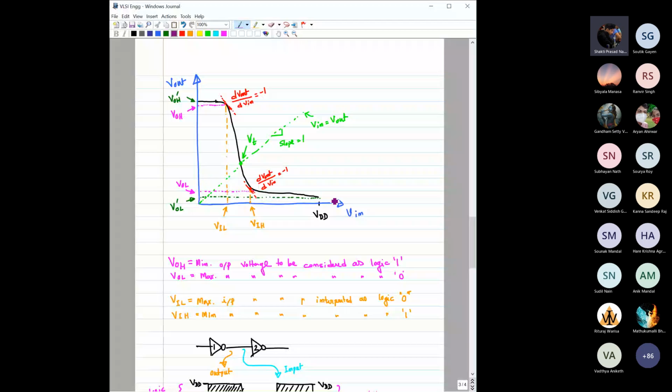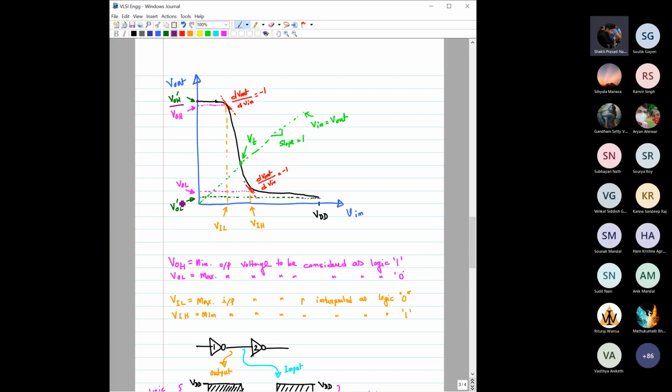Okay. Now, important points. This point, as you can see here, which for this particular case is equal to VDD, we have termed as VOH dash. Remember, VOH dash. And the lowest output voltage we have termed VOL dash.